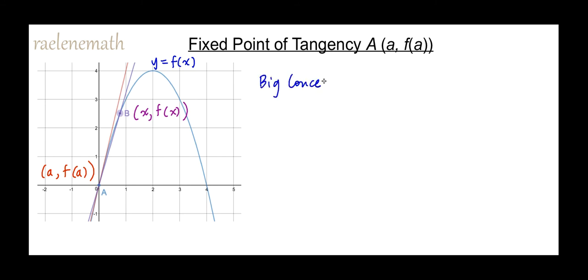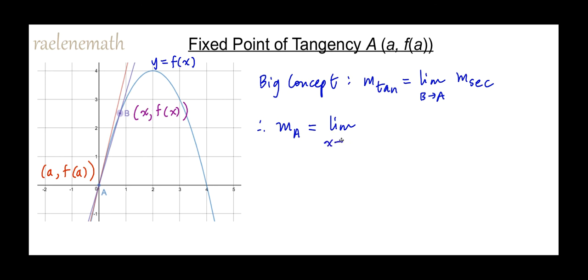And so from our big concept then, where we know that the secant slope turns into the tangent slope, in other words, m tangent equals the limit as point B approaching point A of m secant, we can therefore calculate the slope at point A to be the limit as the x-coordinate of point B, namely x, approaches the x-coordinate of point A, which is little a, of the delta y over delta x.